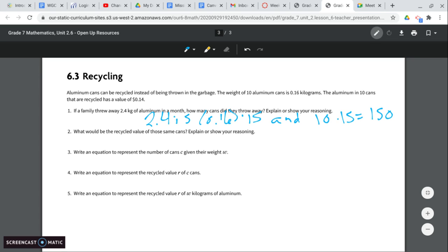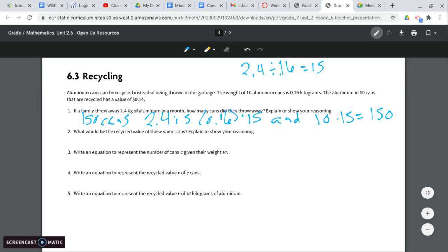If we take the 2.4 and divide it by 0.16, that's how we got the 15. So taking 2.4 and dividing it by 0.16 equals 15. That's how we got that 15 there. And then 10 times 15, because there's 10 aluminum cans for each. So it'd be 150 cans.